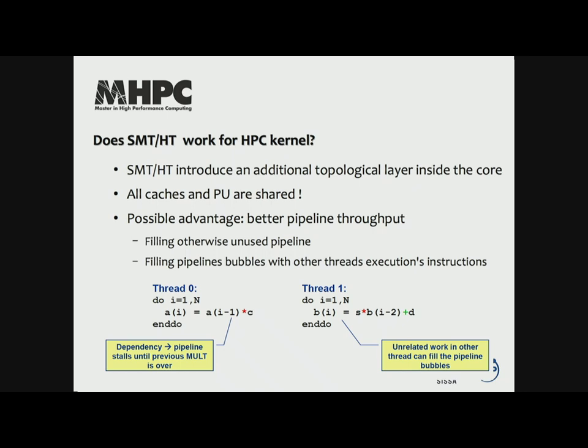Generally, the rule that we adopted so far is that when you have a computational node needed for high-performance computing, we just turn off hyperthreading. That's because for the majority of applications, you don't really see a real benefit.